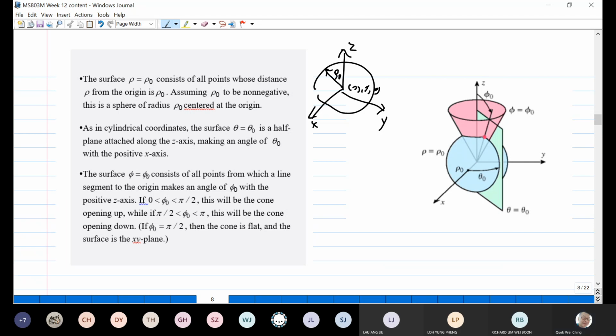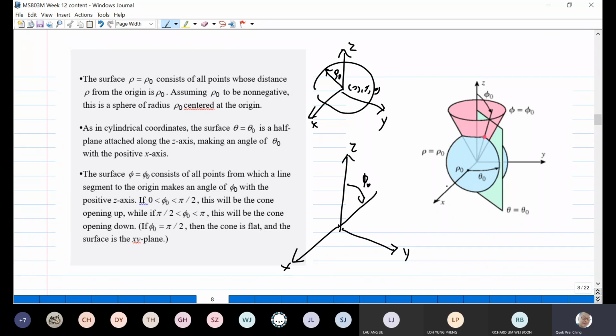Finally, the last one, what happens if phi equal to phi 0? When you do that, what kind of object do you get now? So, I draw a picture for you. x, y, z. You want to go down at angle phi 0.